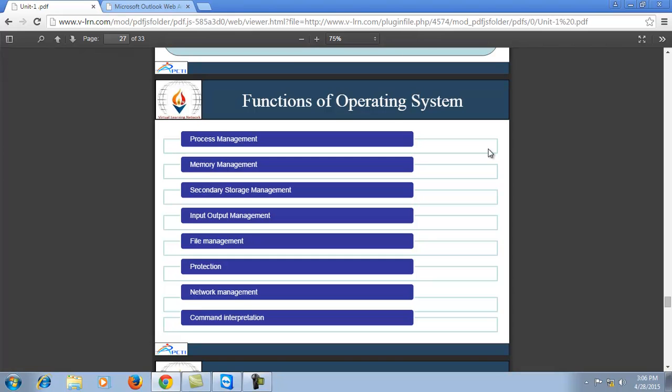Then next is secondary storage management. Secondary storage management is the permanent storage of data on the hard disk. We can say that content is stored in a non-volatile form in the system, which is not removed or deleted whenever the system fails or is restarted.